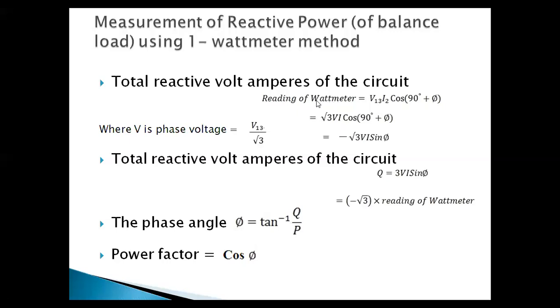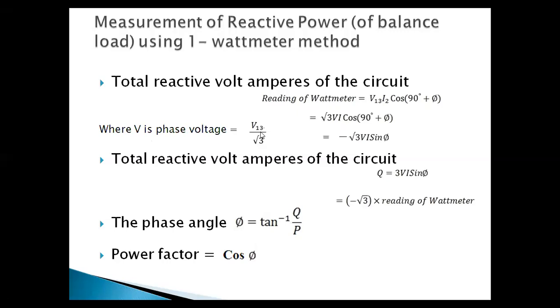We were discussing what will be the reading of the wattmeter. So we have seen that it is V13 into I2 into cos(90 plus 5). Now we are discussing the phase voltages. Generally phase voltage is equal to line voltage by root 3, because here it is a star connected load.